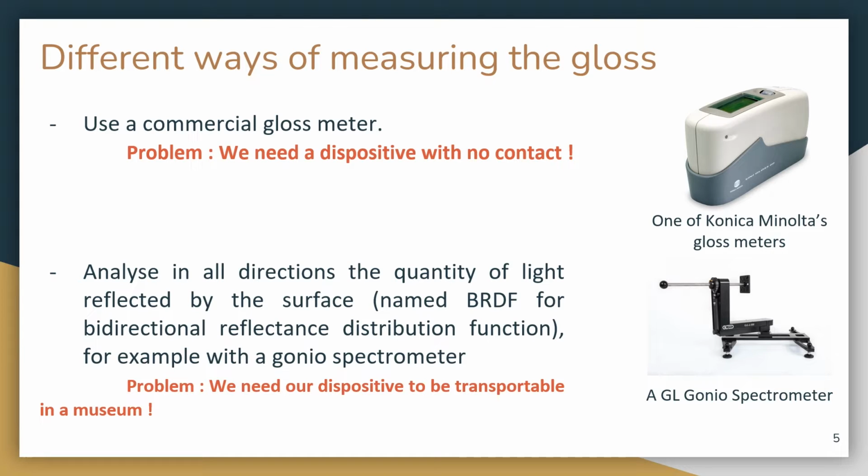It will analyze the way the surface reflects the light in all the directions. It's named BRDF, for bidirectional reflectance distribution function. But the problem is it's not transportable in a museum. It's a very big device.